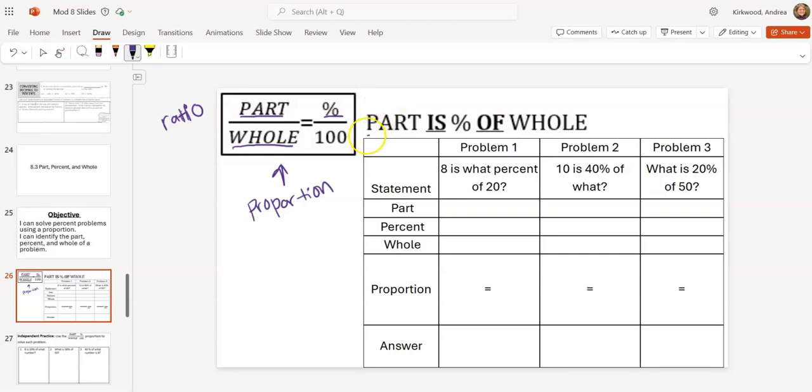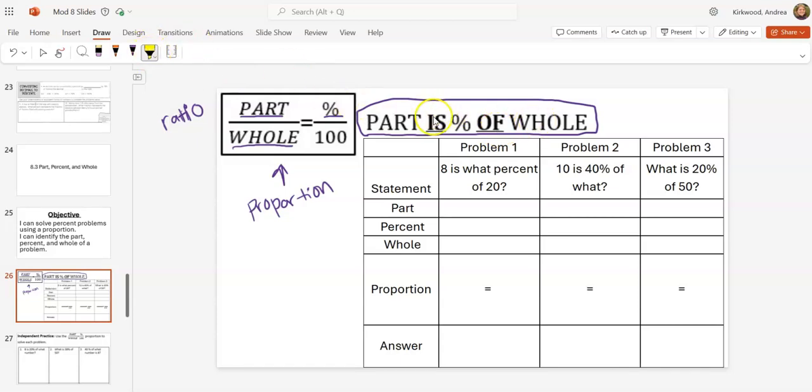Now, over here is a sentence that can help you identify, in word problems or even in statements like these, what number you're looking at is the part, the percent, or the whole. It says part is percent of whole.